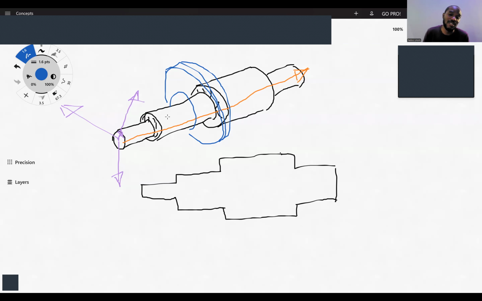Or if I want to use interference fits, which we will look at a little bit later, then the gear inner diameter needs to be the same size as the shaft diameter.